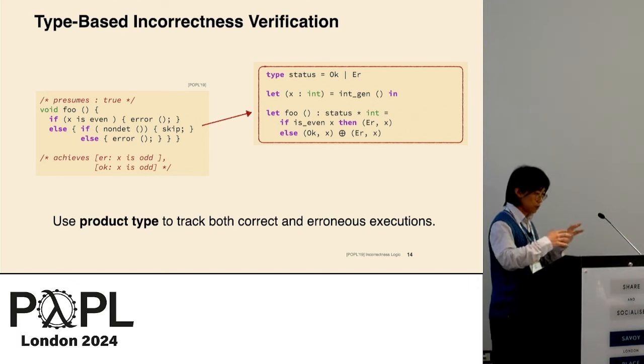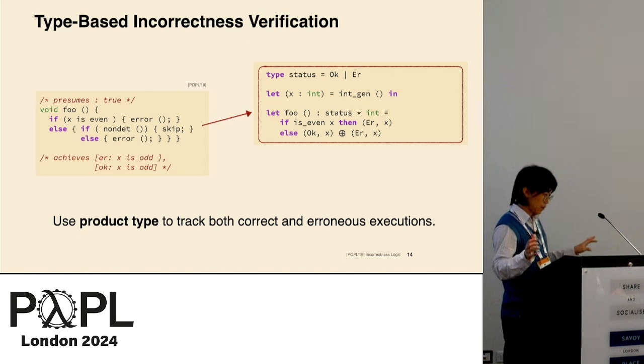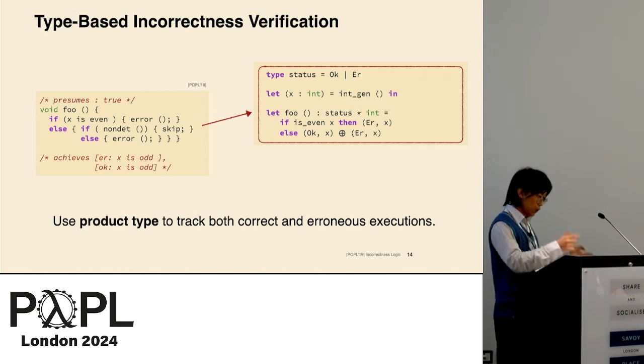That works like an error monad, where the function returns not only an integer, but a product with a status that indicates whether that execution is OK or error. So if x is even, it's just error. Otherwise, it will non-deterministically return OK or error.